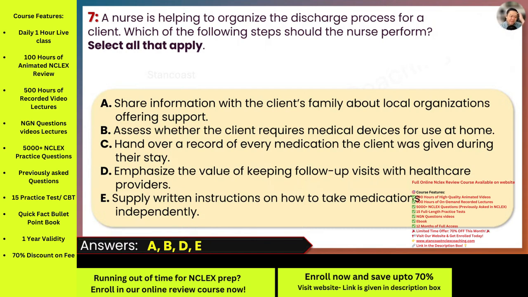Now, what about letter C? Why is this incorrect? It states hand over a record of every medication the client was given during their stay. This is about medication reconciliation, but patients do not need a list of every medication they received in the hospital. Instead, they're going to need a list of the medications they should continue taking at home, or you're going to give them the list about the new prescriptions they need to fill.